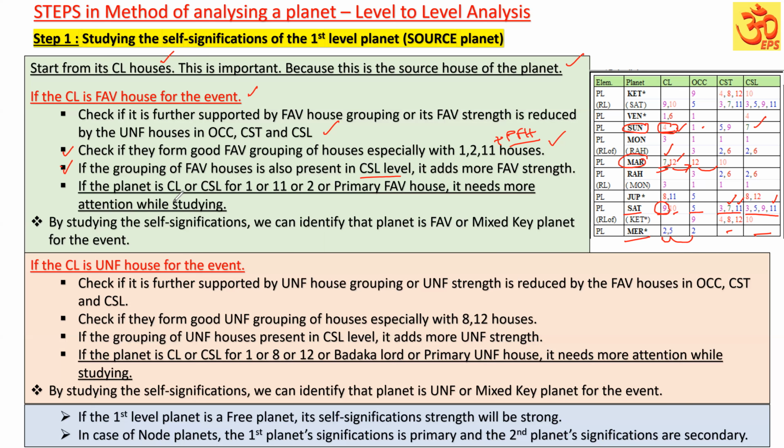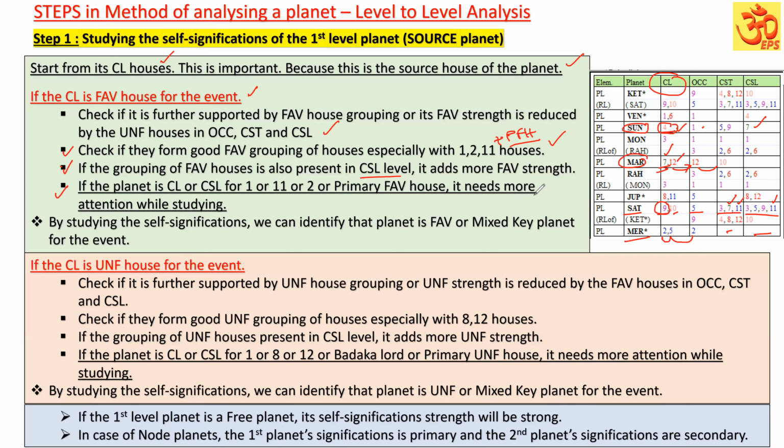If the planet is cuspal lord or cuspal sublord for 1 or 11 or 2 or the primary favorable house, it needs more attention while studying, because in its self-signification, especially in the cuspal lordship, it is owner of the lagna, owner of the 11th house, owner of the second house, or primary favorable house for an event.